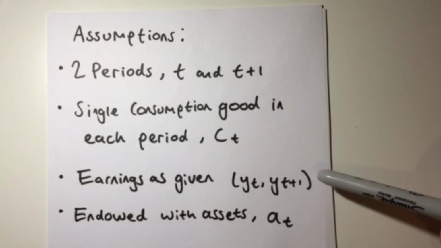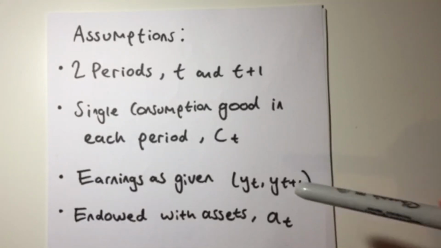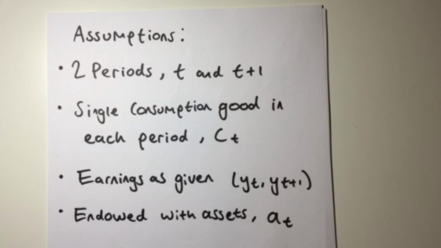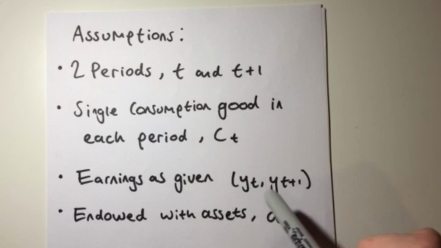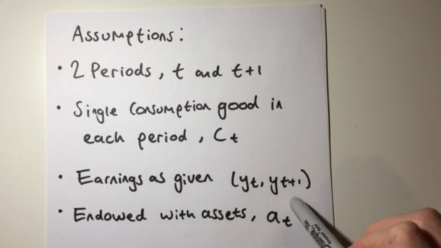And then in each of these periods, earnings are going to be taken as given for our consumers. So we're not going to derive a function that explains earnings. We're going to assume that earnings are given to our consumer in each period. So yt in the first period and yt plus 1 in the second period.